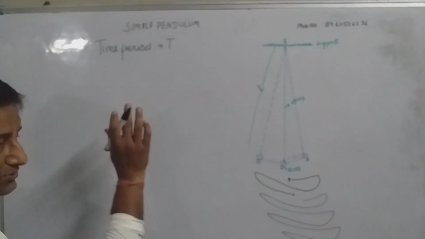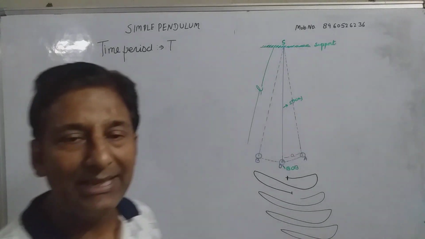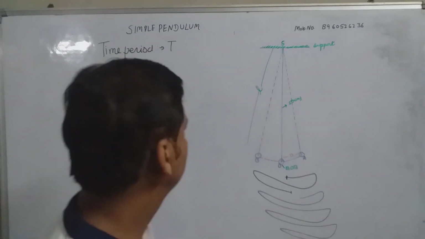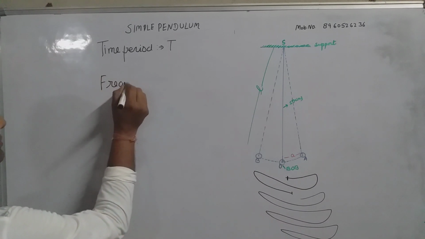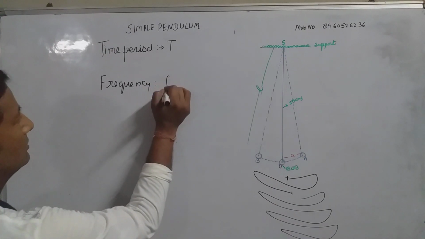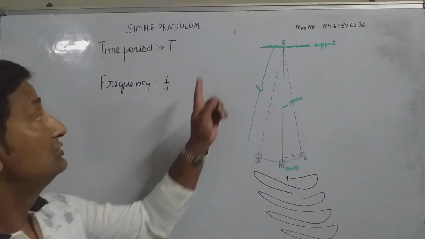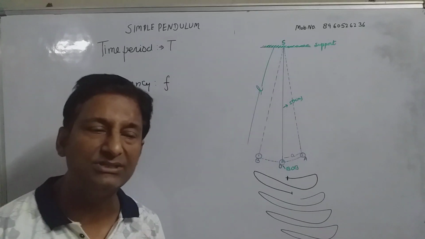So understood this time period. What is time period? It is the time taken to complete one oscillation. The unit of time period is seconds. Now, what do you mean by frequency?